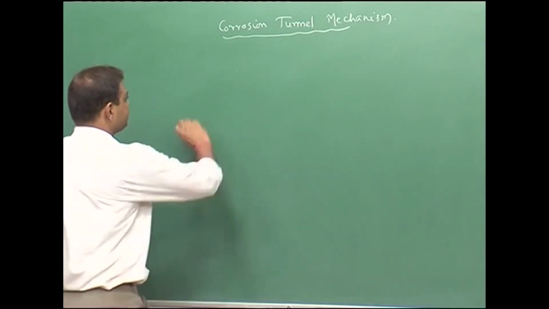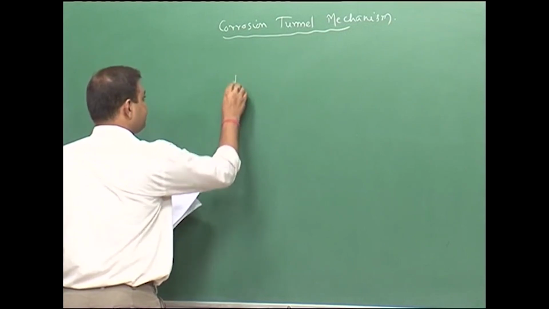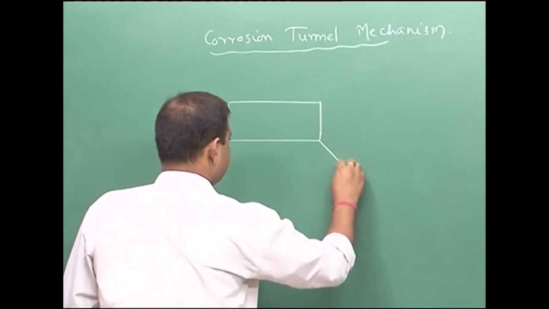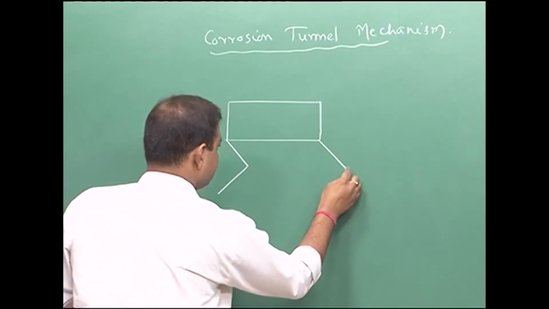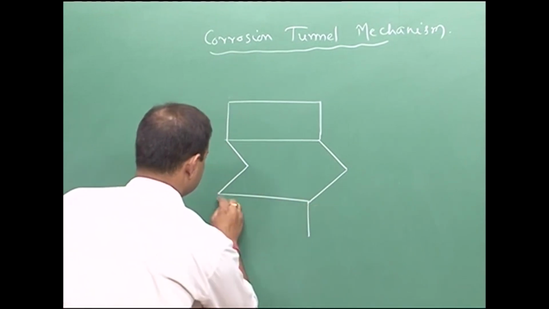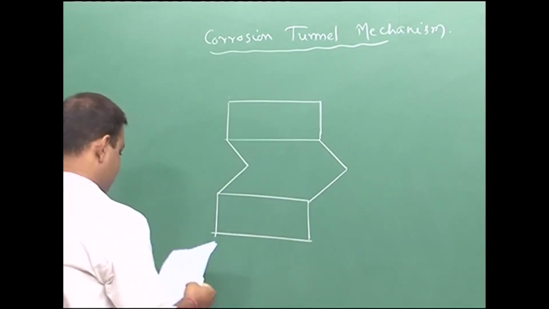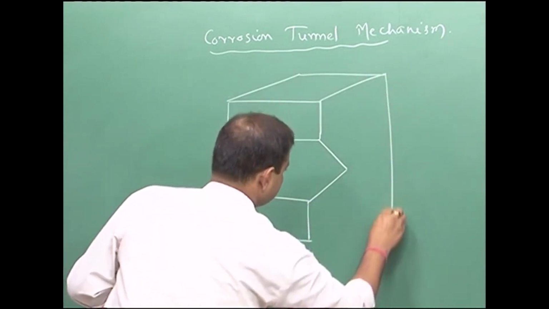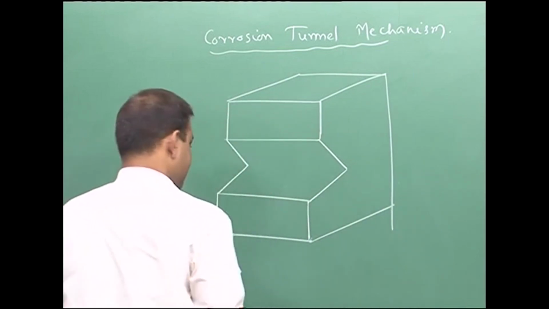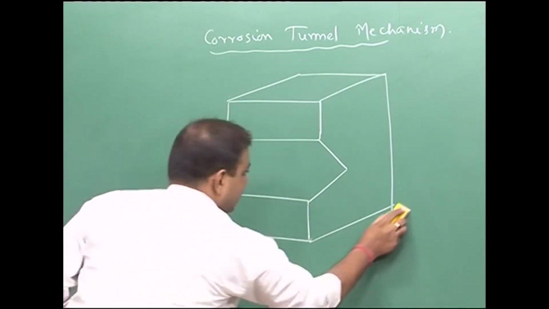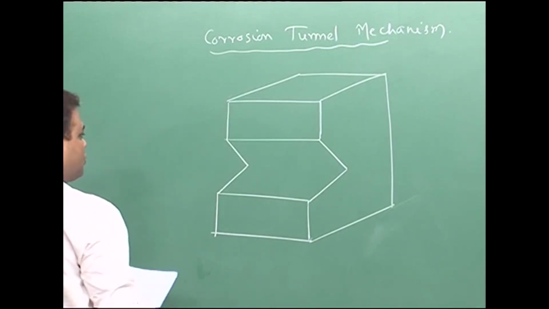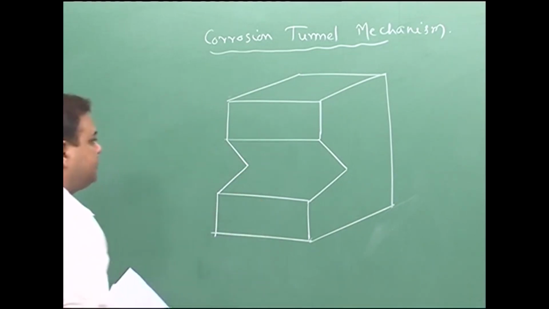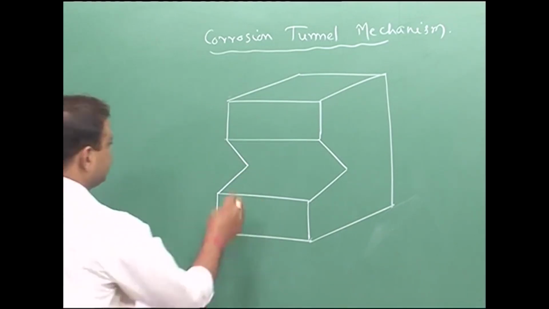And here what happens, if you have a crack like this, due to the corrosion effect in the crack tip zone where you have slip steps, multiple tunnels form due to corrosion.